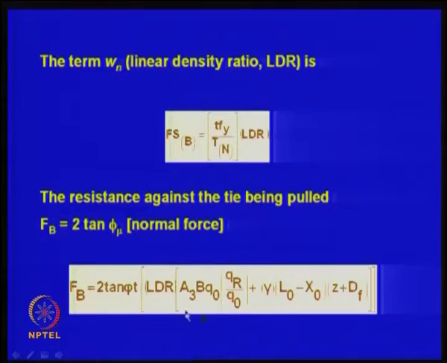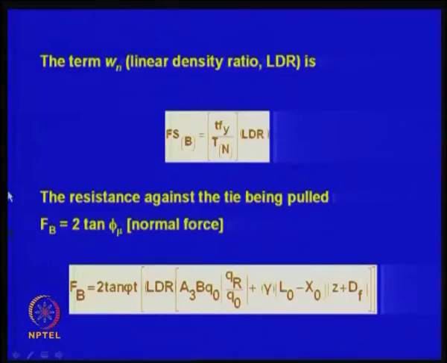And how do you get that? Again there is a simple expression: you get a term called A3 here, and you have B and all, it is a gamma actually. L naught is the length of the reinforcement and depth and all that. This is another expression that we have for the pull out resistance. You have two sides, and as I said, higher the normal force, higher the pull out resistance. So, on both sides, that is why you get 2 here, tan phi mu into normal force.